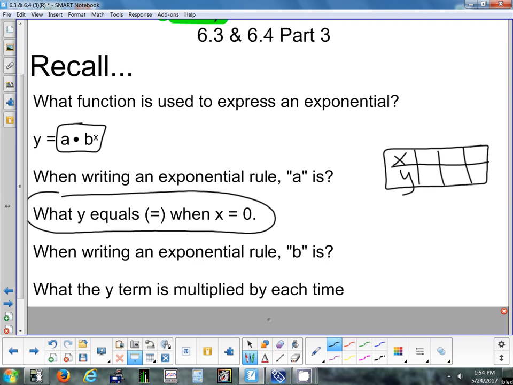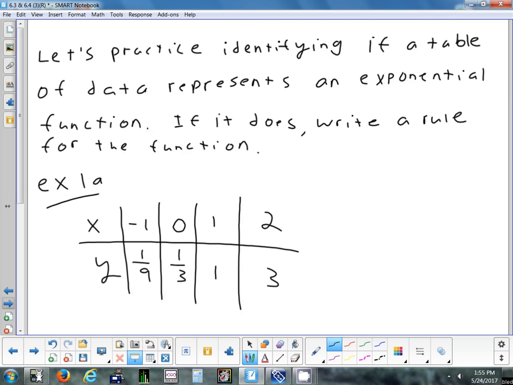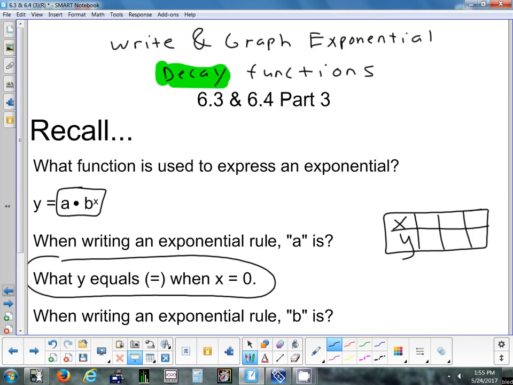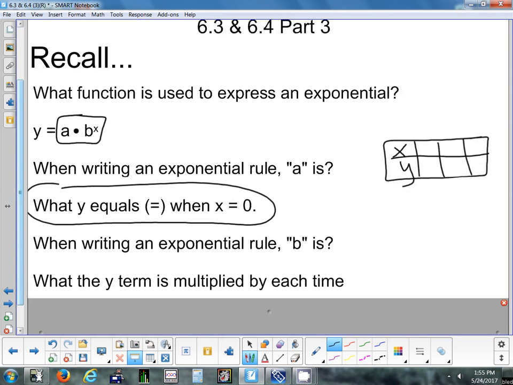So on your notes, where it says b is, write what the y term is multiplied by each time.